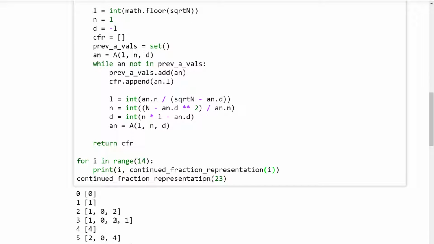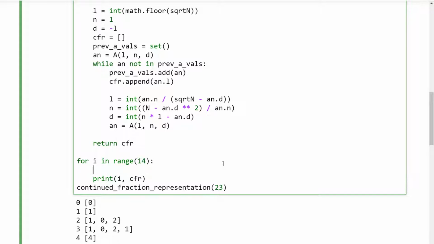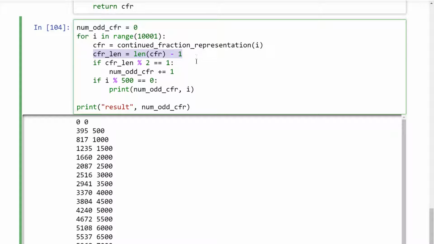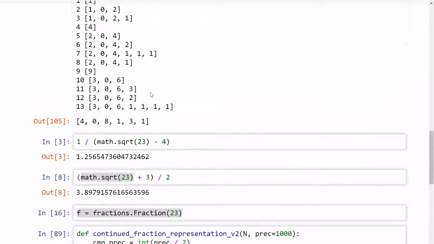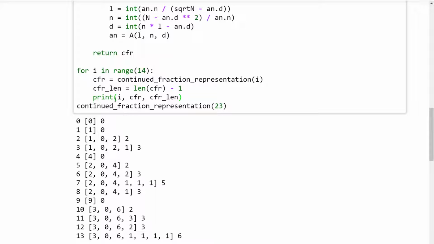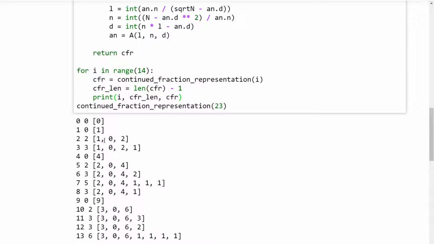So let's see. I should do this first. Good. It's not correct. Nope, it is not.